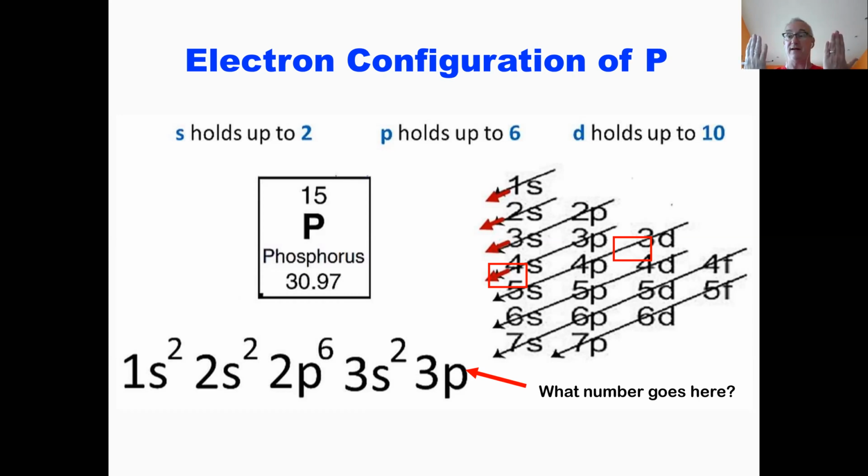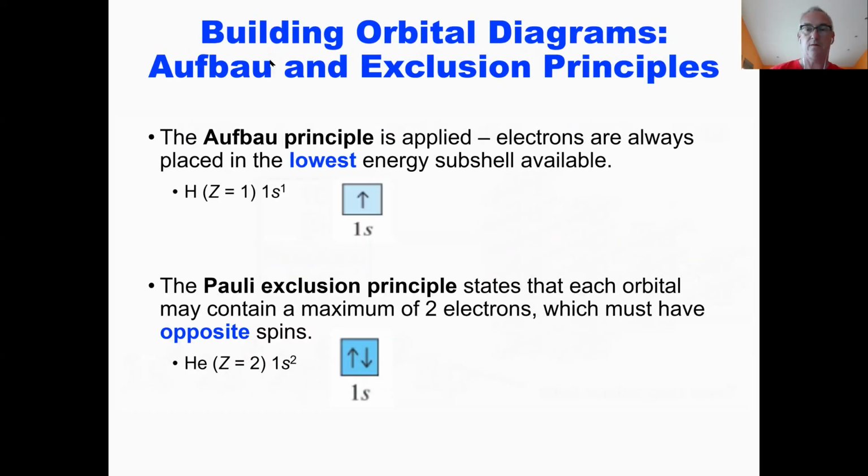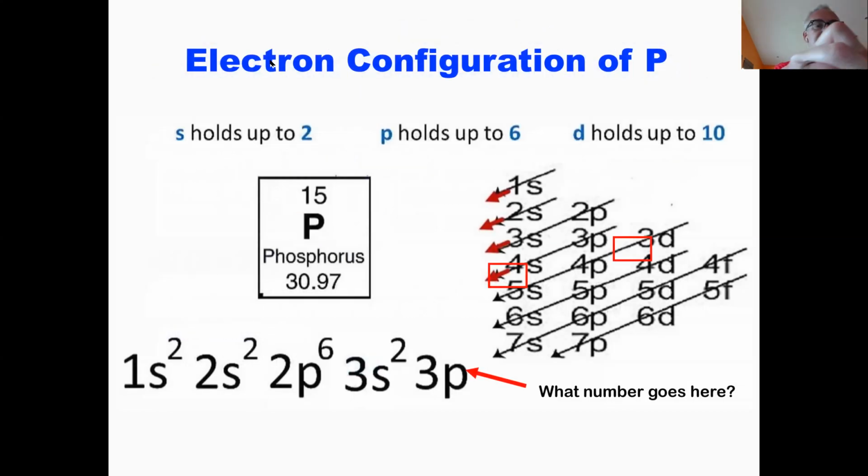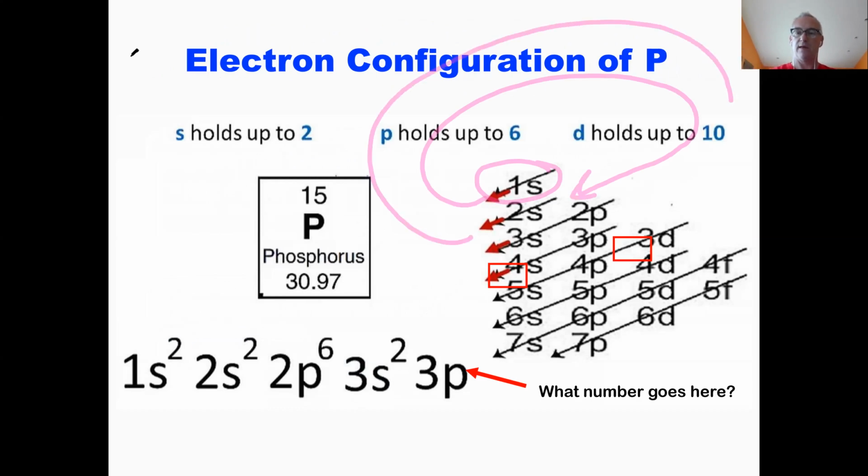So it's got to have 15 electrons. Let's fill in how we would add the 15 electrons. The first two go in 1s. We come back. Where does the next one go? 2s. And then 2p, 3s. And then we come back.